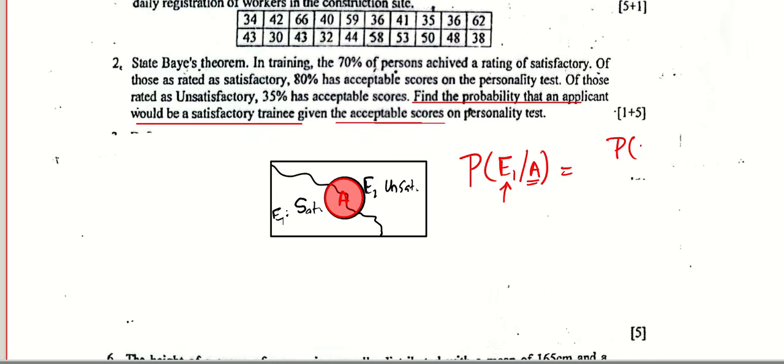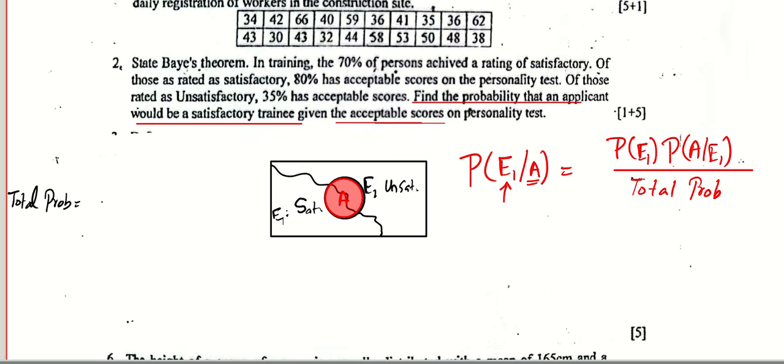So what's the formula? Probability of E1, flip the positions, divided by total probability. So we have to find total probability first. What's the formula? Probability of E1, probability of A given E1, plus probability of E2, probability of A given E2.